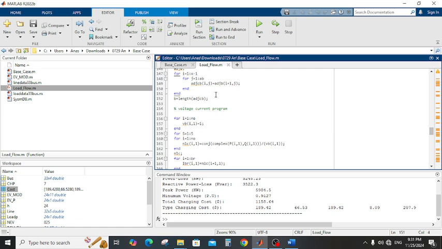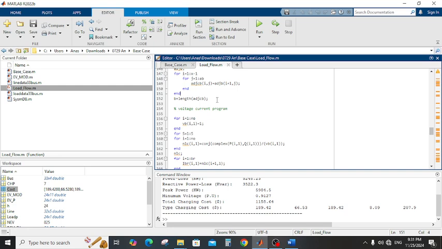This is to arrange the buses to make load flow and to calculate the voltage current program. This command is only to arrange, to make some paths for power flow from the source to the load, and how many paths in the network, and how to connect between each of the buses.